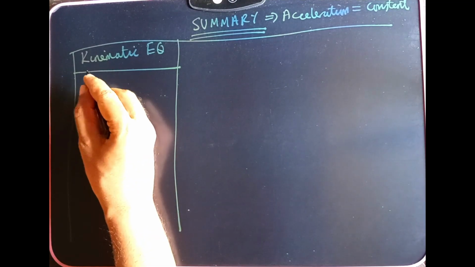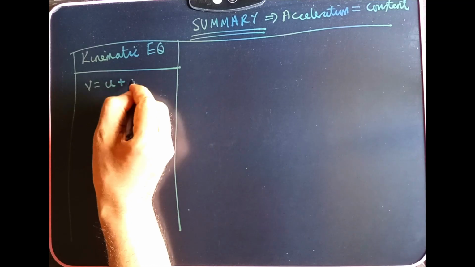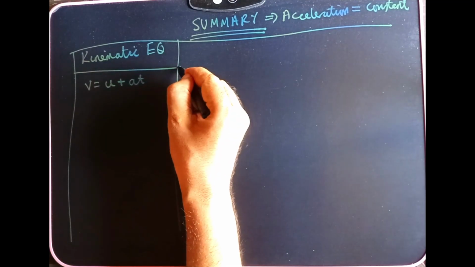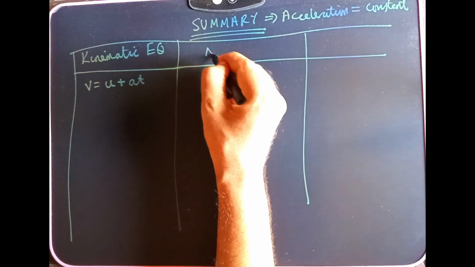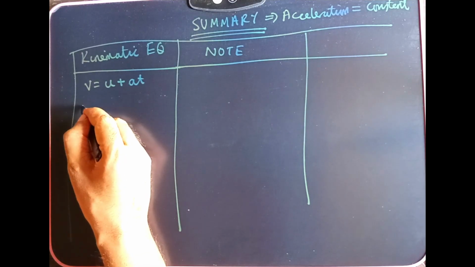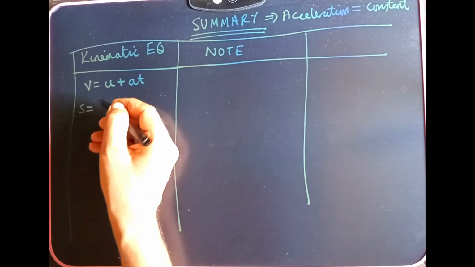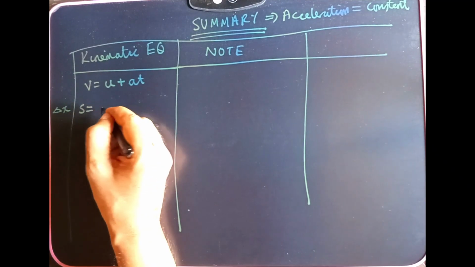The first equation which we saw was v is equal to u plus at. The second equation which we saw was for displacement. S is displacement; we can call it delta x also.